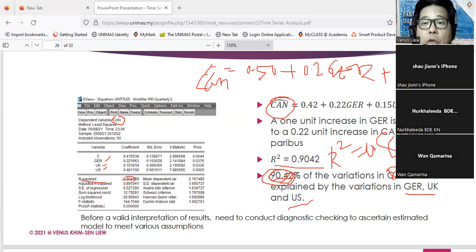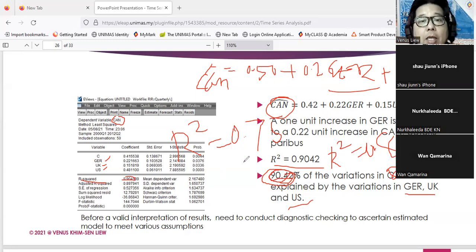Maybe you don't want to include the US here, and you only include the other two countries, and you look at the R square. The R square may show 0.75. So these two factors can explain 75% of movement of Canada real interest rate.